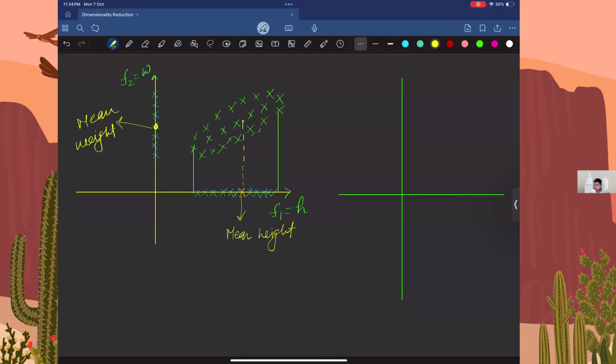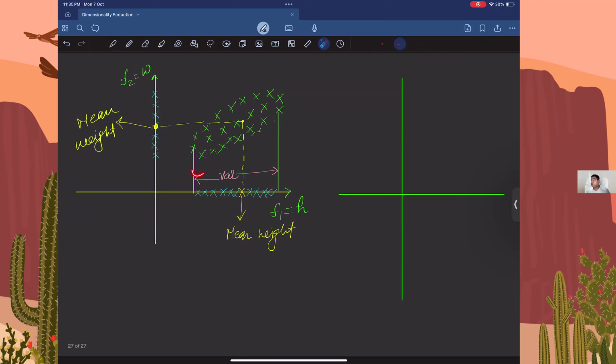Now, if I project simply this point, I will get this point. This is my mean point. Fine. This is my variance. So on the height axis, or on the x-axis, this is the variance of my data.